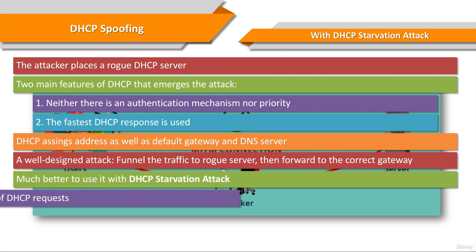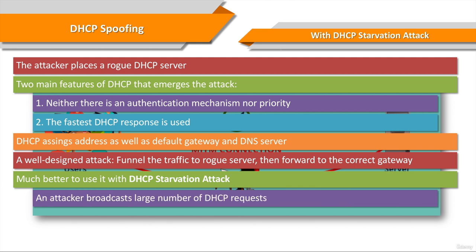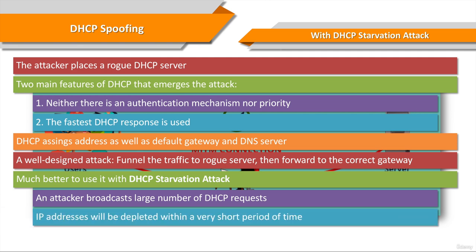All right? In a DHCP starvation attack, an attacker broadcasts a large number of DHCP request messages with spoofed source MAC addresses. If the legitimate DHCP server in the network starts responding to all these bogus DHCP request messages, available IP addresses in the DHCP server scope will be depleted within a very short span of time.